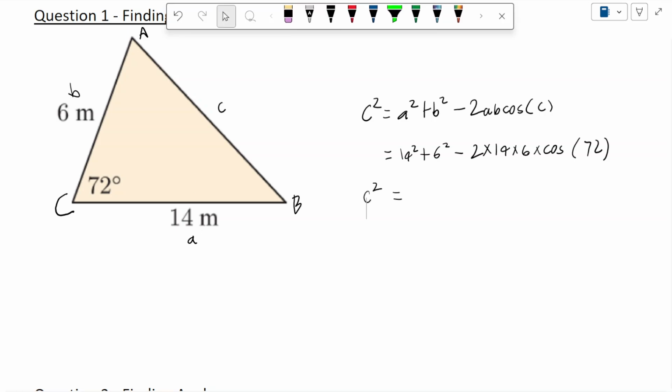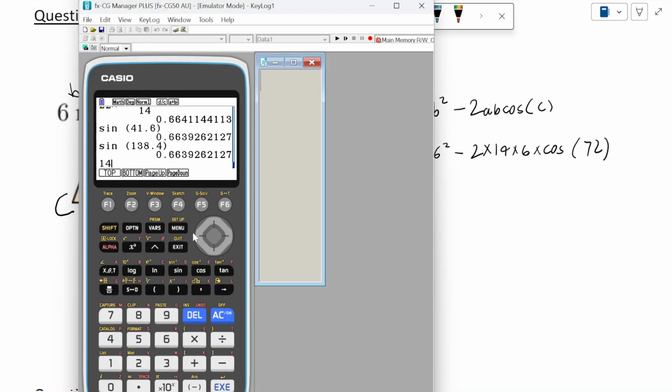So C squared equals, make sure that your calculator is in degrees before you do this. That's in shift setup if you don't have it in degrees. So cos of 72, 180.05.